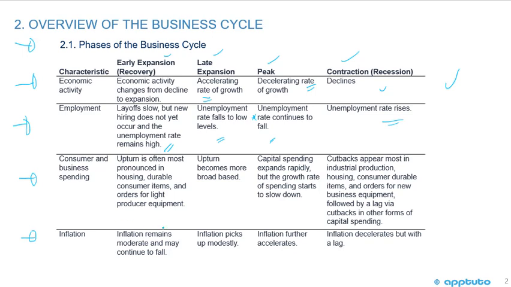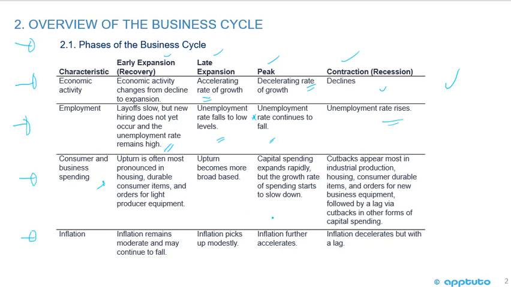With regards to consumer and business spending, in the early expansion, upturn is most often pronounced in housing. So there's a key thing, housing, durable and consumer items, and orders for light producer equipment. The late expansion, the upturn becomes more broad-based. For example, maybe boats or something like that, where people need a bit more confidence on their expenditures.